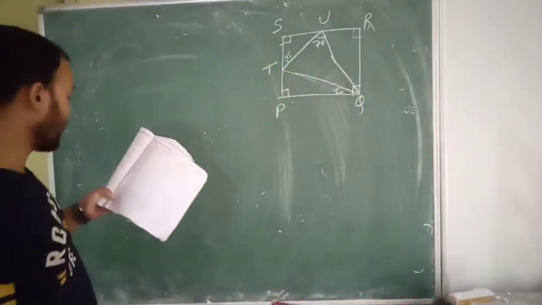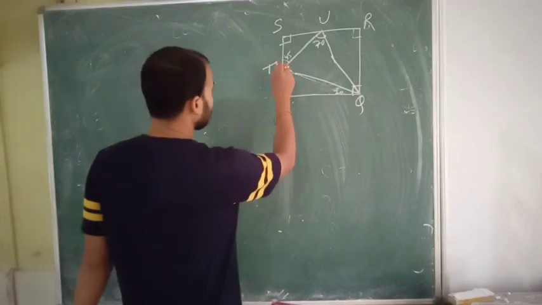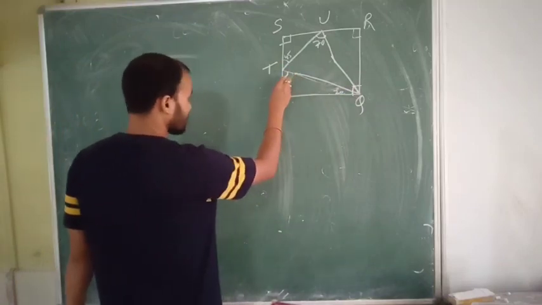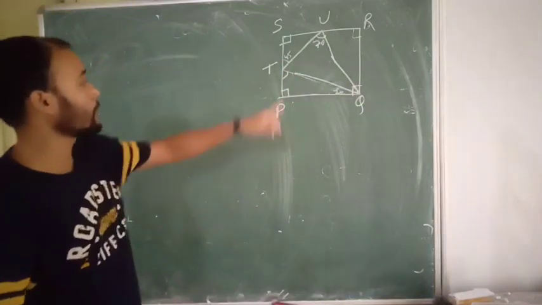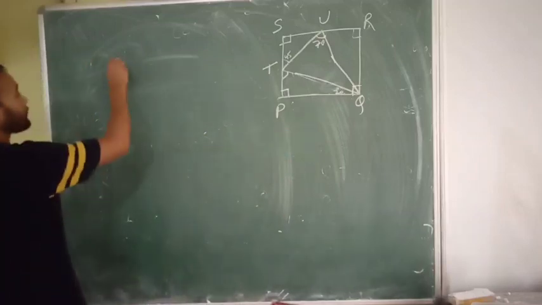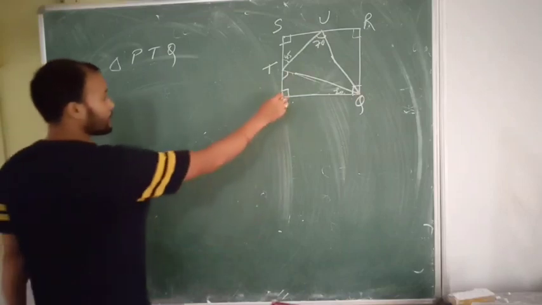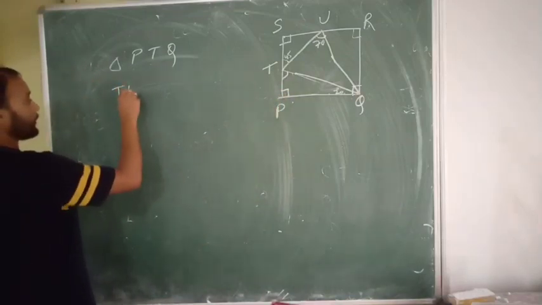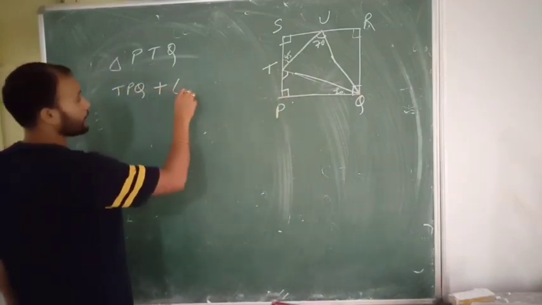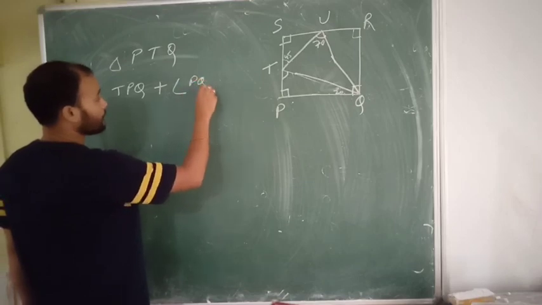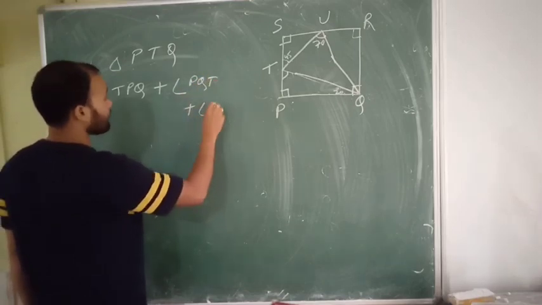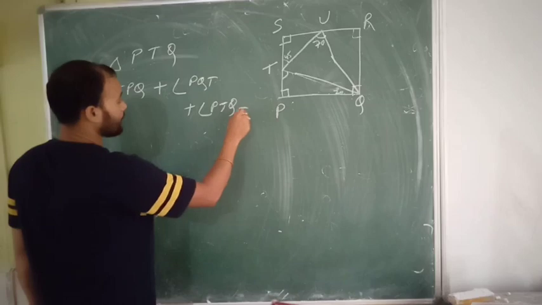Now first question, PTQ. For this angle, consider triangle PTQ. In triangle PTQ, this is 90 degrees. Angle P plus angle Q plus angle PTQ sum up to 180 degrees.